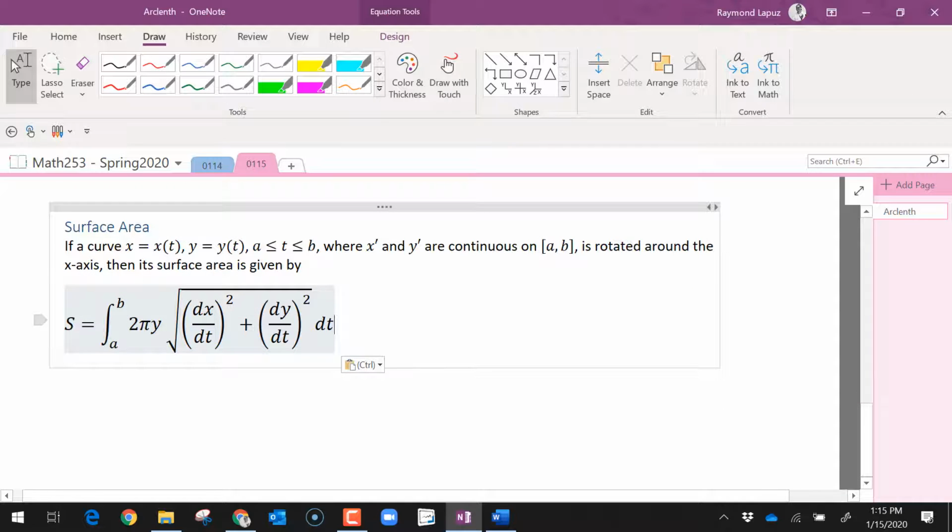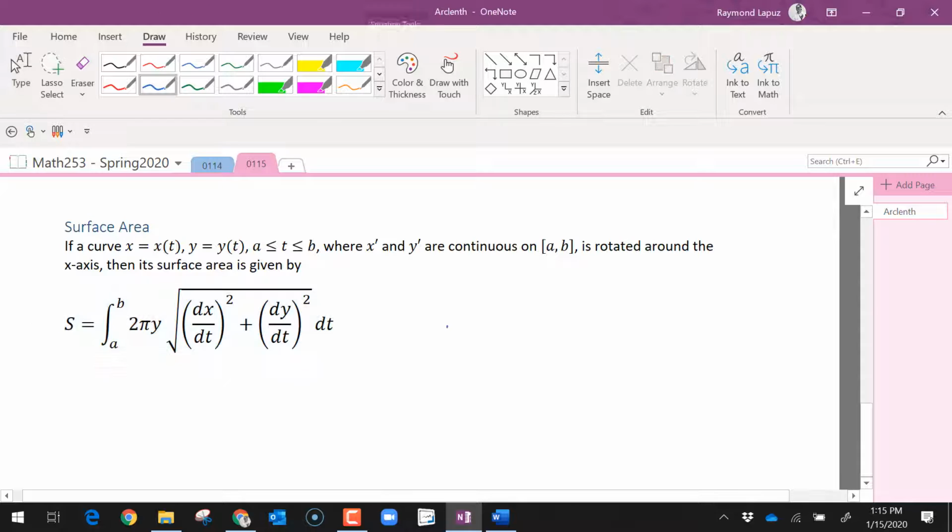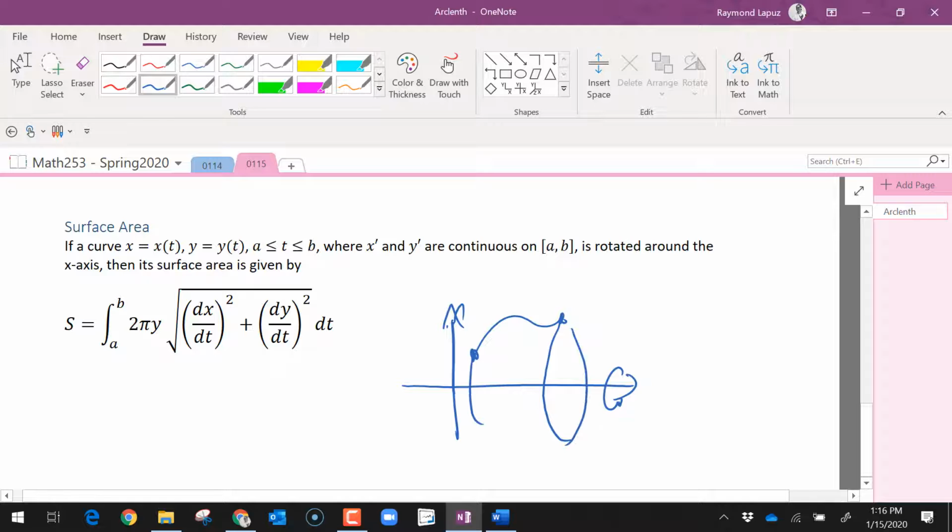You notice that there's an arc length involved, or at least the stuff in parentheses looks just like the arc length formula. And then there's this 2 pi y on the side. So what is that about? Just to give you a kind of visual justification, this is revolved around the x-axis. Let's say you have this curve that's being revolved around the x-axis, and then you end up with a surface.